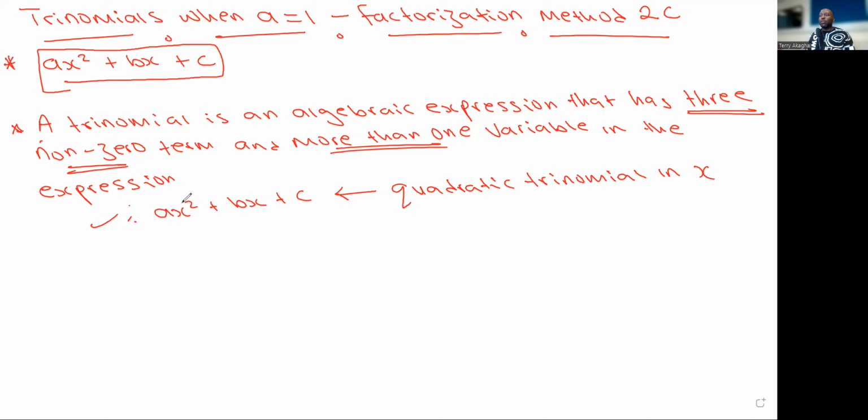We have x raised to the power 2, x raised to the power 1, and technically x raised to the power 0. Remember, we can also write this as ax squared plus bx to the power 1 plus cx to the power 0. It's exactly the same thing. Remember, anything raised to the power 0 is 1. So this is a trinomial because we have 3 non-zero terms.